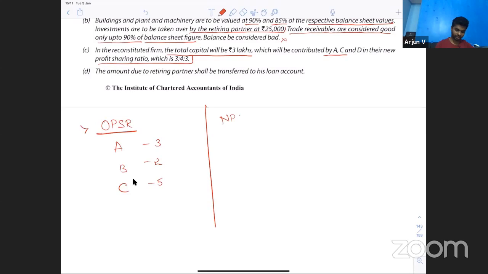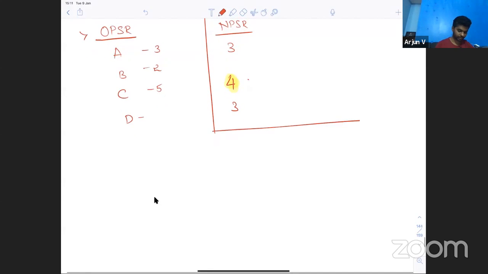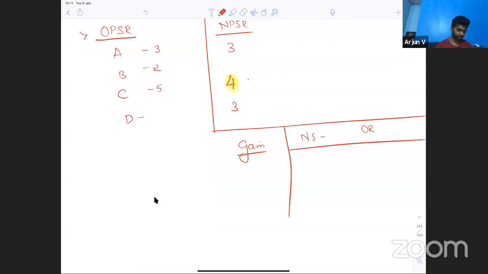New profit sharing ratio is 3 is to 4 is to 3. To calculate the gain ratio, it is what? New ratio minus the old ratio.